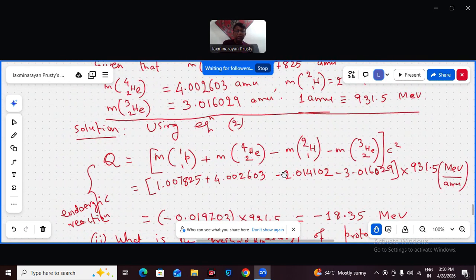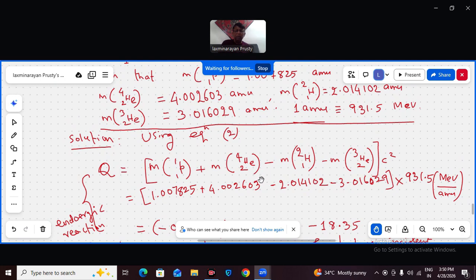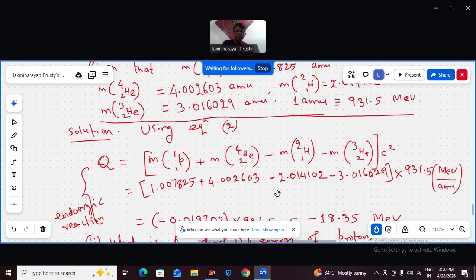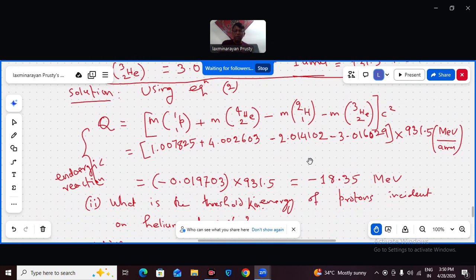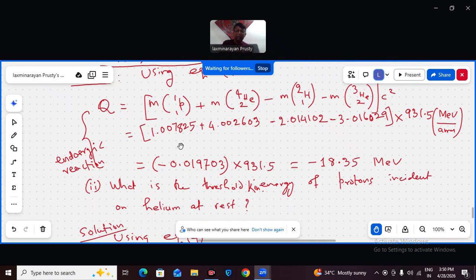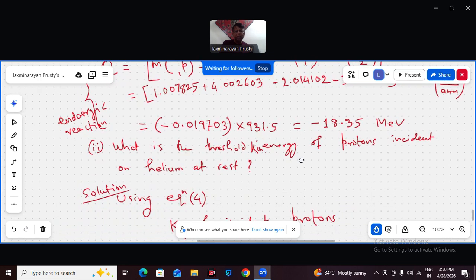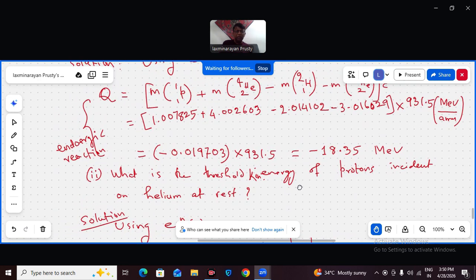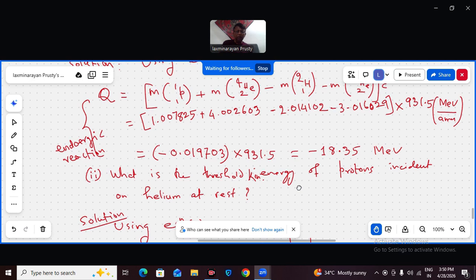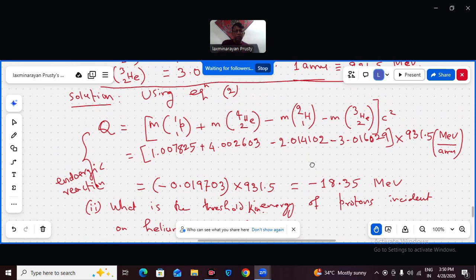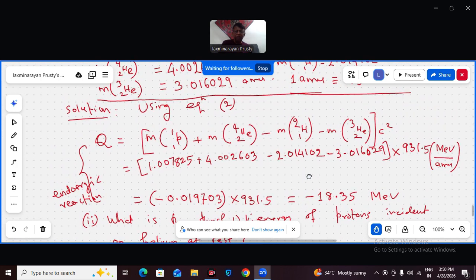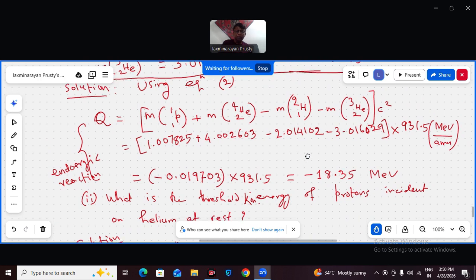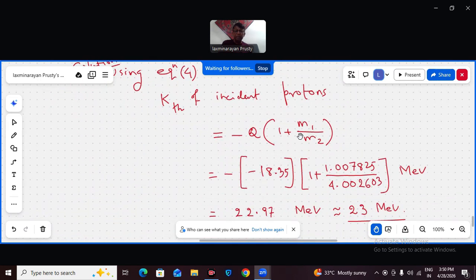In nuclear physics, the only difficulty is that a lot of accurate calculation has to be done. I don't know how many of you can calculate fast in this type of multiplication. That is the only complexity in nuclear physics questions at your level. Those who have a good grasp of multiplying fast will have an advantage.